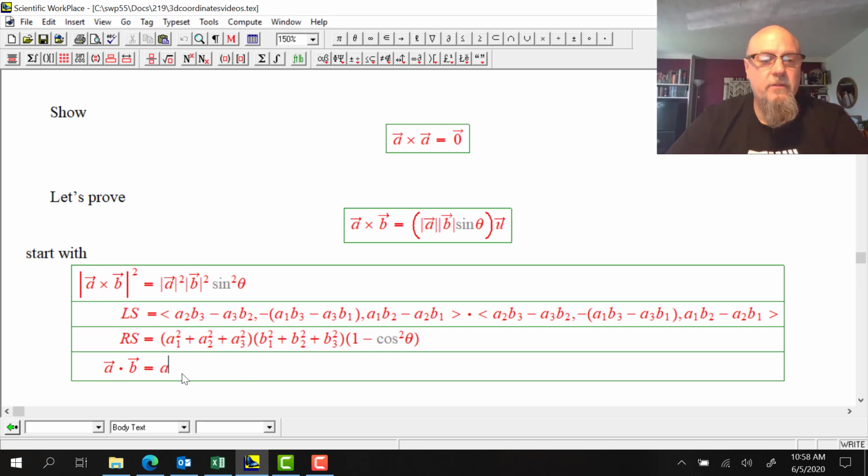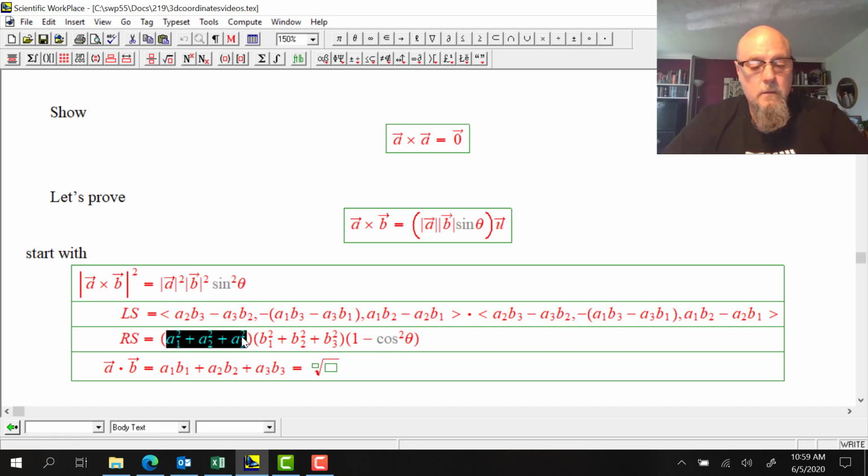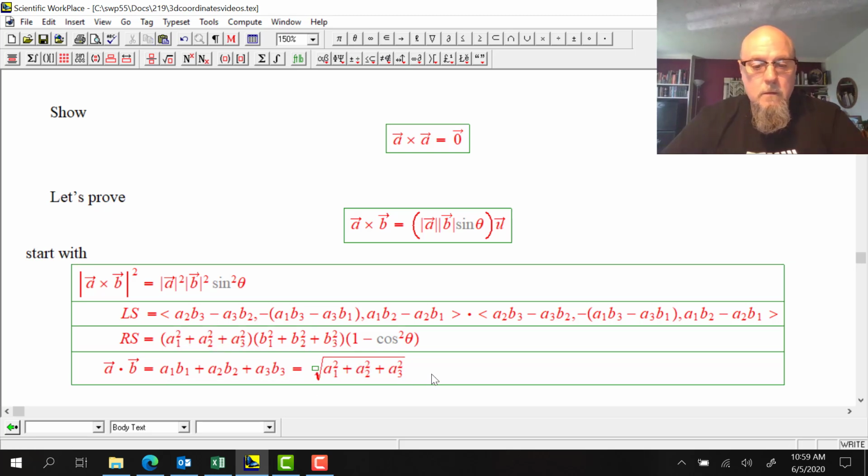A1 B1 plus A2 B2 plus A3 B3. And that's equal to magnitude of A, which is just the square root of this piece here, magnitude of B, which is just the square root of this piece here, cos of the angle between them.